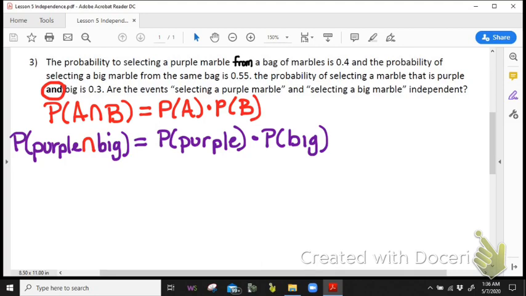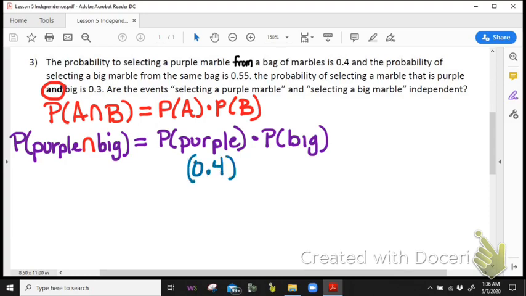So let's go ahead and reread that and snatch out those probabilities that were given to us. So it says here in that first line that the probability of selecting a purple marble is 0.4. So purple is 0.4.